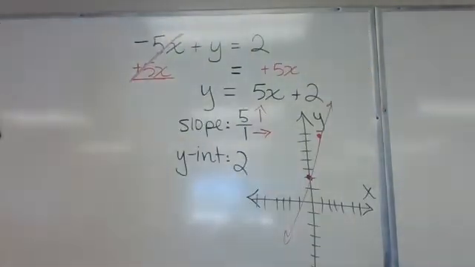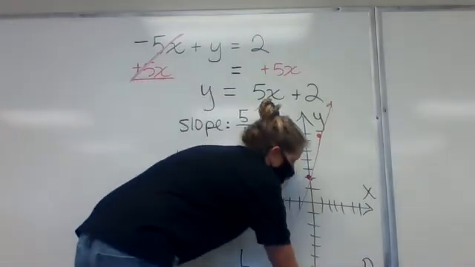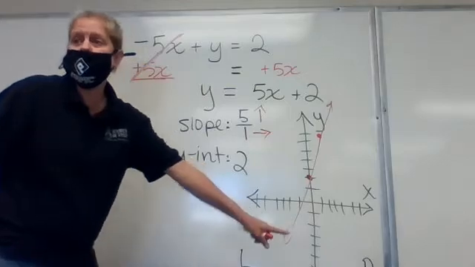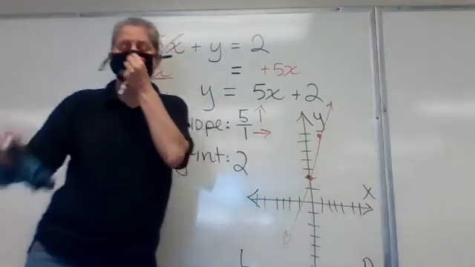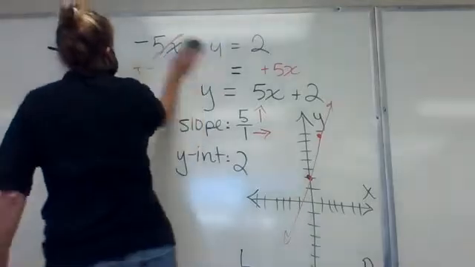Ooh, that's a positive, ain't it? Yep. How do you know from looking at that line that it's positive? Because from the left side to the right side, it goes up, right? We know the direction of slopes now from Tuesday.